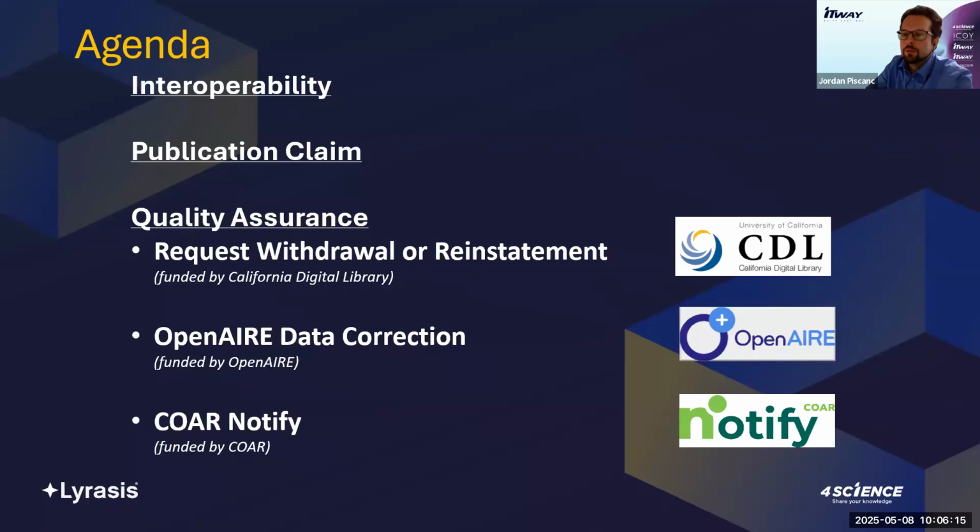So I would like to start with the agenda, where we will talk about the DSpace ecosystem and interoperability, and the main functions that were released in DSpace, starting from DSpace 8, about publication claim and subscriptions, the quality assurance, the request withdrawal or reinstatement, and OpenAIRE data correction and COAR Notify protocol.